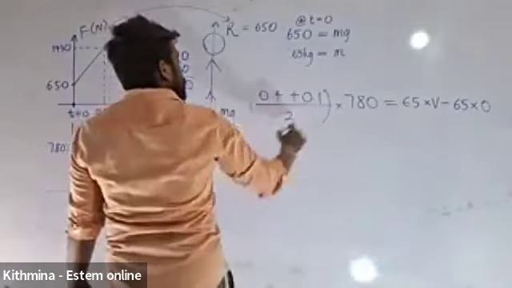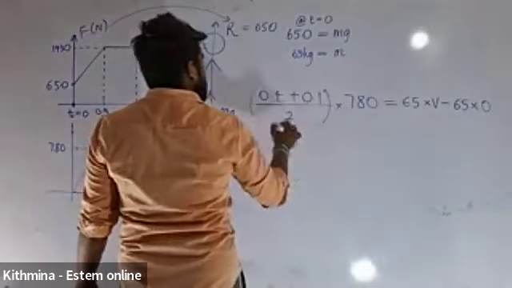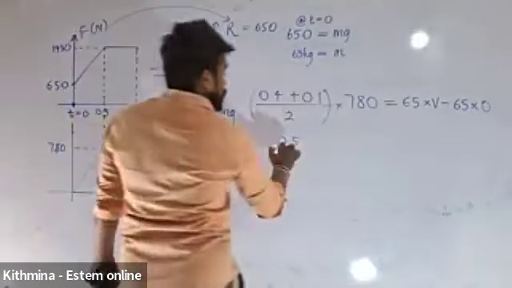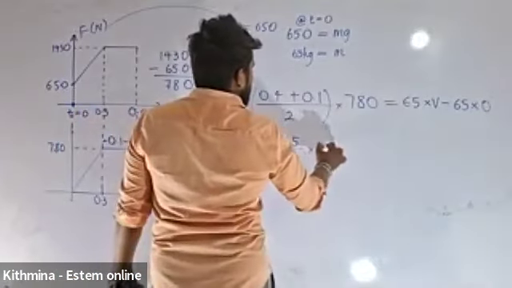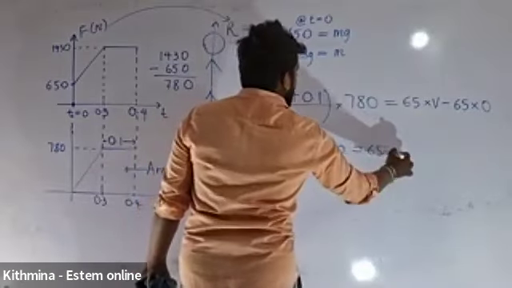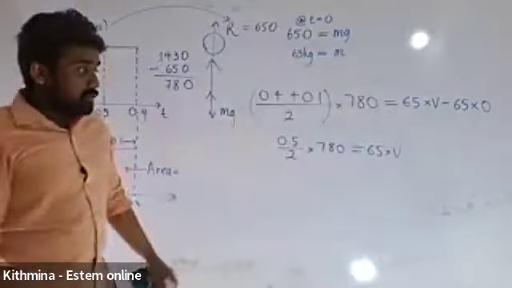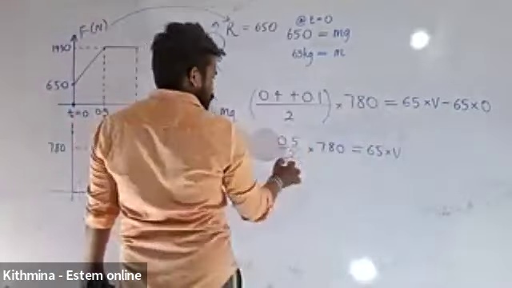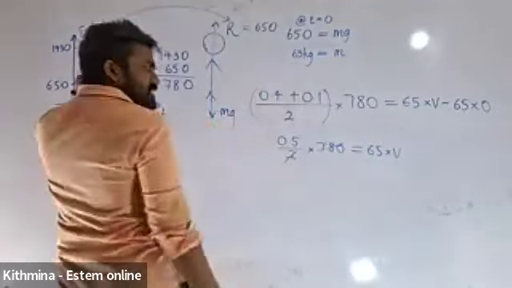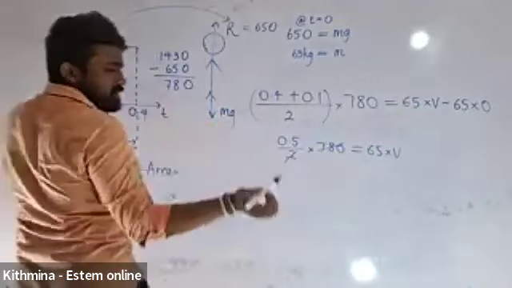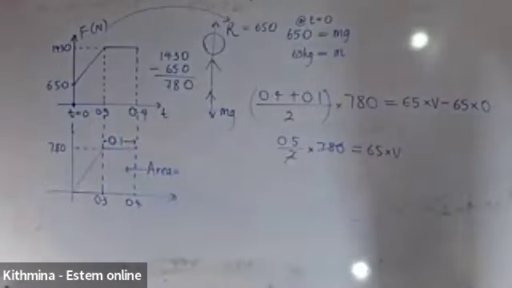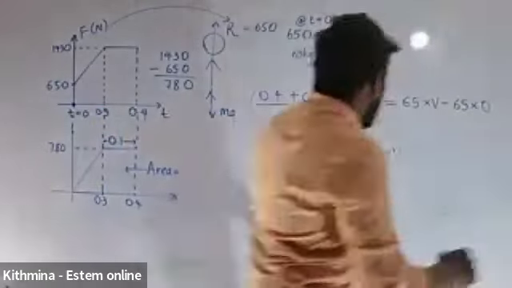Then this is 0.5, 0.4 plus 0.1 is 0.5. Over 2 into 780 equals 65 into V. Then 2 we can cut off now. What is the answer? 780 divided by 2, 390.